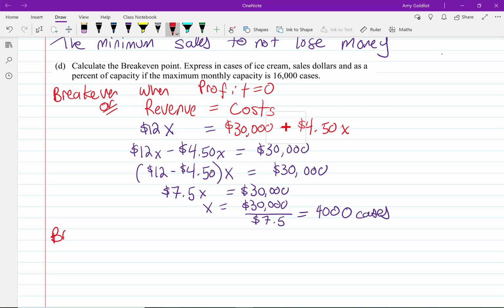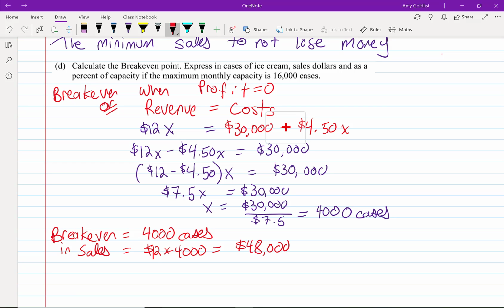So let's write that down. Break even is 4,000 cases. In sales, we would need to sell, well, it's $12 per case. So if we sold $48,000 worth of ice cream, we would be at break even.